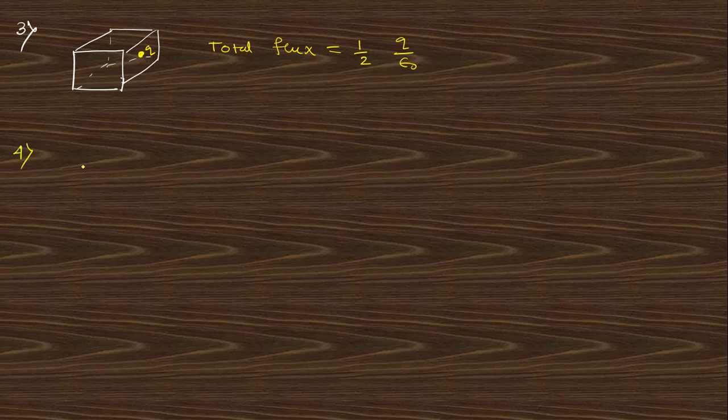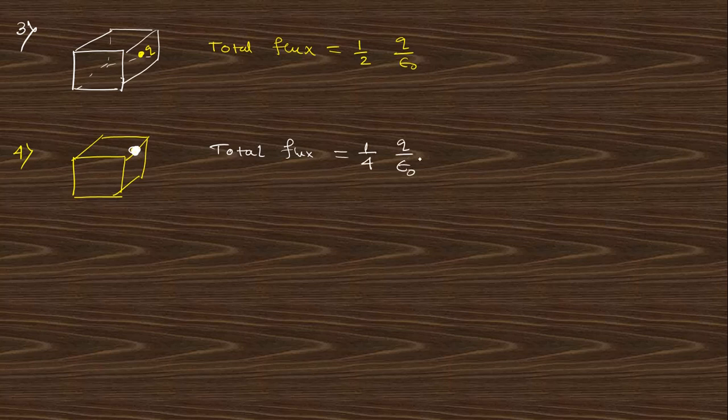Number 4, if this charge is on the edge of the cube, then you can think this is shared by 1 2 3 4, 4 cubes. So the total flux is 1/4 q by epsilon naught.